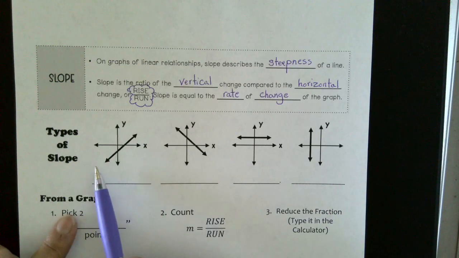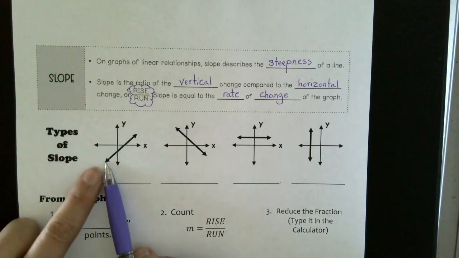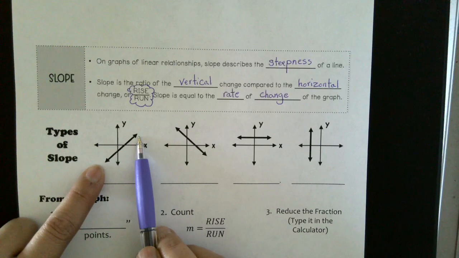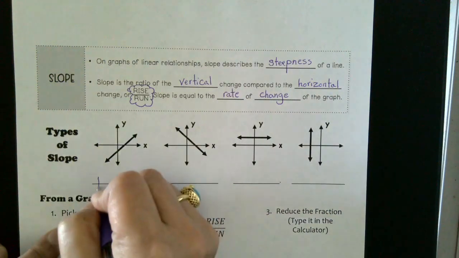So, like the mountain video that we watched, this is like going up to the hill. So, if that's going up, is it positive or negative? Positive, because it's going up.